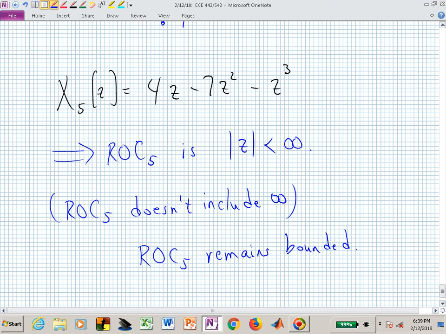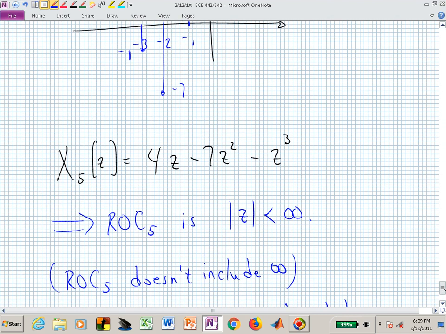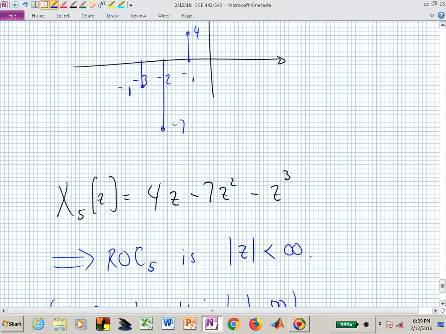So it's all of the z-plane except infinity. It's C except for the unlimited case. Origin is okay. If you plug in z equal to 0, is capital X sub 5 of z okay? It's fine, isn't it? It just equals 0, but it's well behaved.